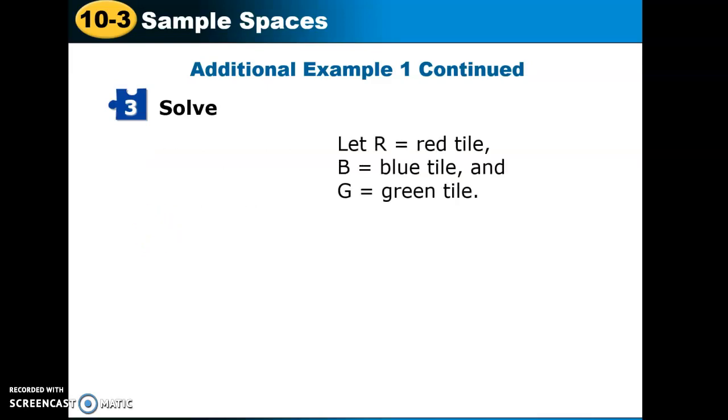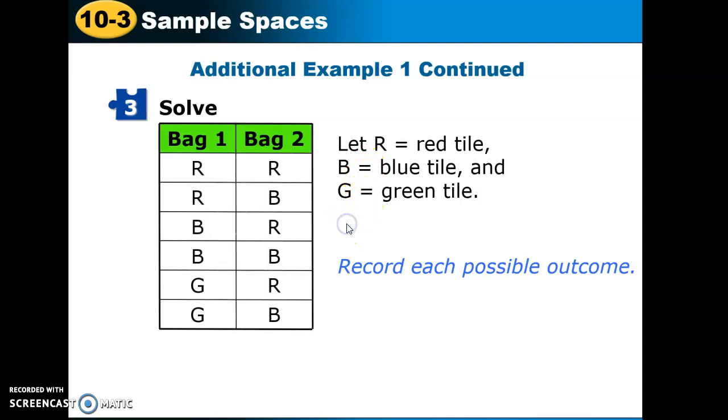If we do that and we record red as R, blue as B, and green as G, and record all the different outcomes: if we pull a red from bag 1, we can either pull a red from bag 2 or a blue from bag 2.